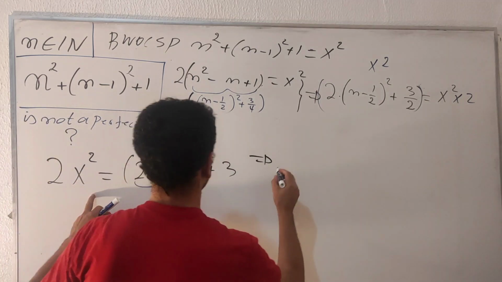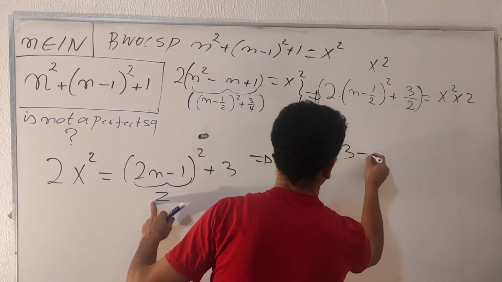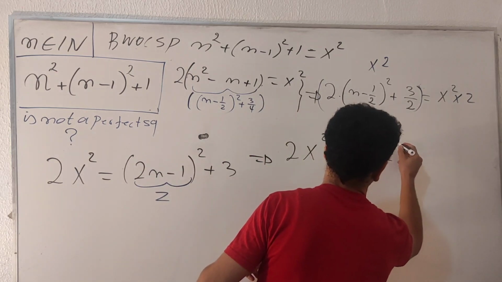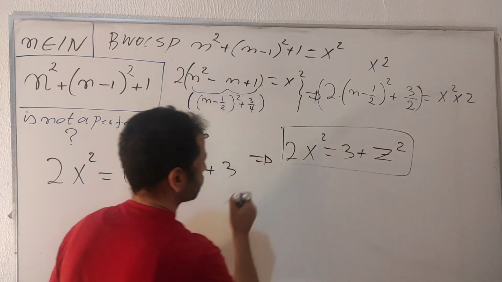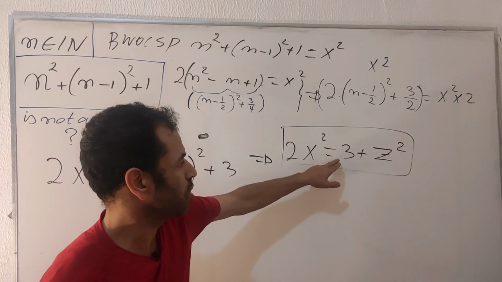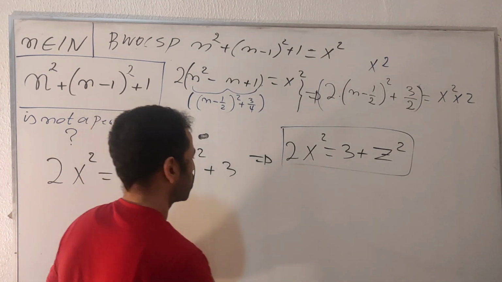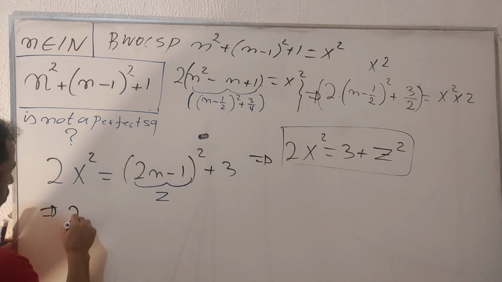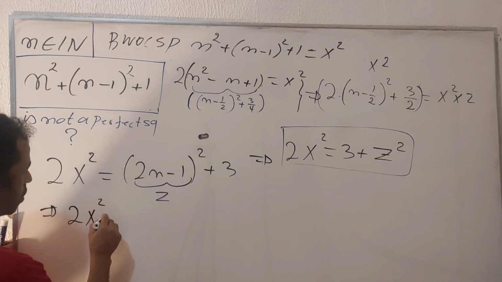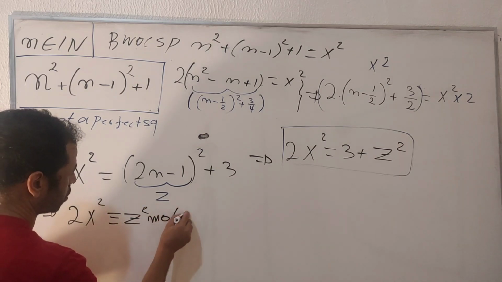So I get here 2 times x squared equals 3 plus z squared. So I have ended with this nice expression. Since we see 3 here, I'm going to reduce this mod 3. I get 2x squared is congruent to z squared mod 3.